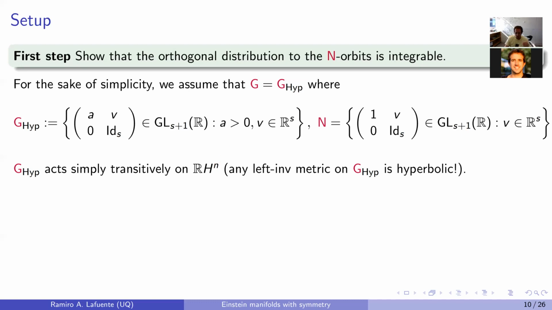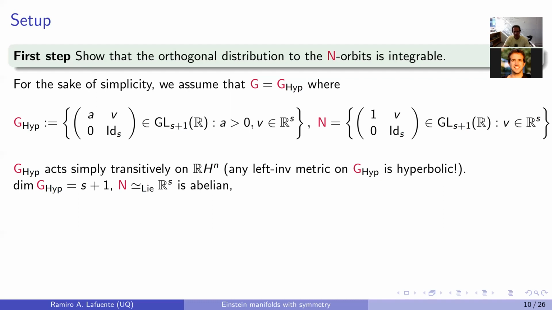And in fact, more is true. Any left invariant metric on this group is a hyperbolic metric, namely it has constant negative sectional curvature. So it's a very particular group, but for the sake of this talk, this will be enough to present many ideas involved in the proof of Theorem B. Some other observations: the dimension is S plus 1, clearly.